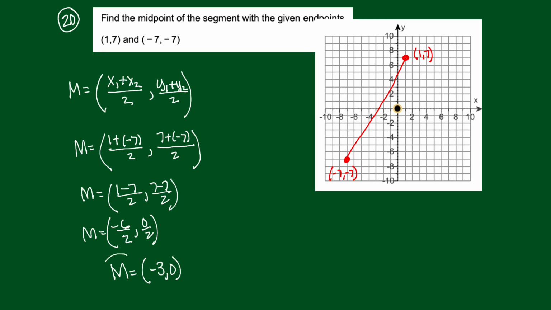Okay, does it even look close? Let's see. If I follow this up, negative 3, to the left 3, that would be here in 0. Okay, so, well, my line bends a little bit, but that's where the midpoint should be, right here. Negative 3 and 0. My picture just misses it a little bit.